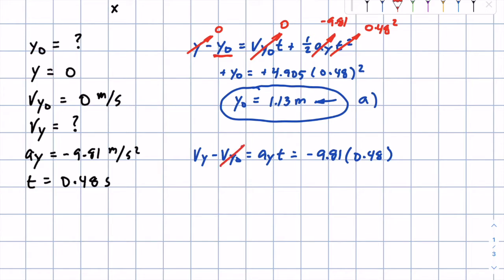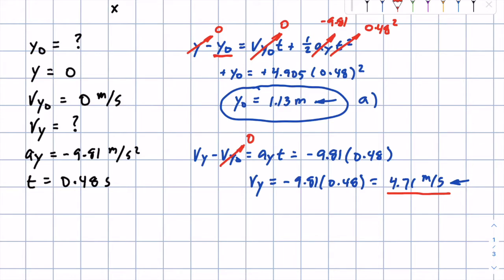And I know that the initial velocity in the y direction is 0, so that leaves me with Vy is equal to negative 9.81 times 0.48, which gives me a velocity component in the y direction of 4.71 meters per second. That's going to help us later with part C. So let's underline that, because that's going to help us out later, all right?